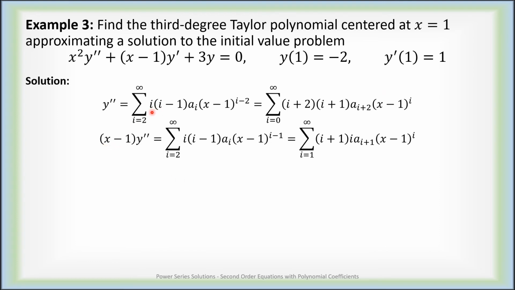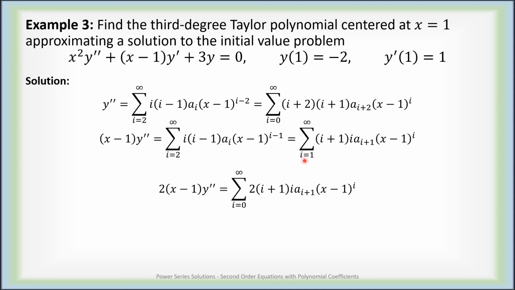Starting back here, for our generic representation of y double prime, if I multiply by x minus 1, I can raise this power by 1. Now I can re-index that, and now I have a series beginning at index 1 of I plus 1 times I times a sub I plus 1, x minus 1 to the I. I can multiply this by 2 at no problem. I just bring the constant 2 in.